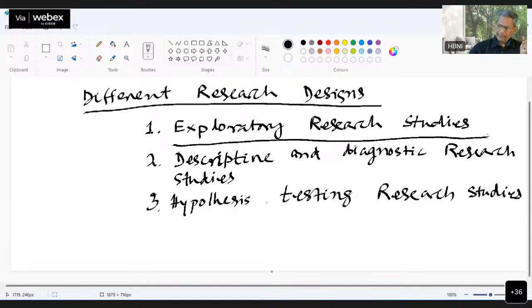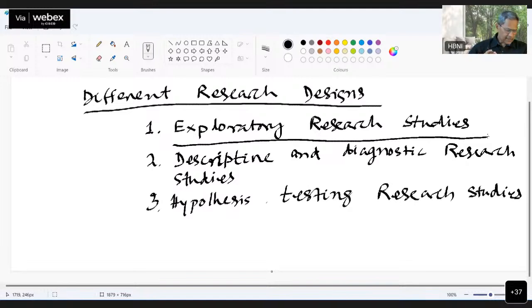So in such cases, this design is called exploratory. Here the major emphasis is on discovery of ideas, whether you can get some new idea by doing this exploratory research study. So the main emphasis is on discovery of ideas and insights into the problem.